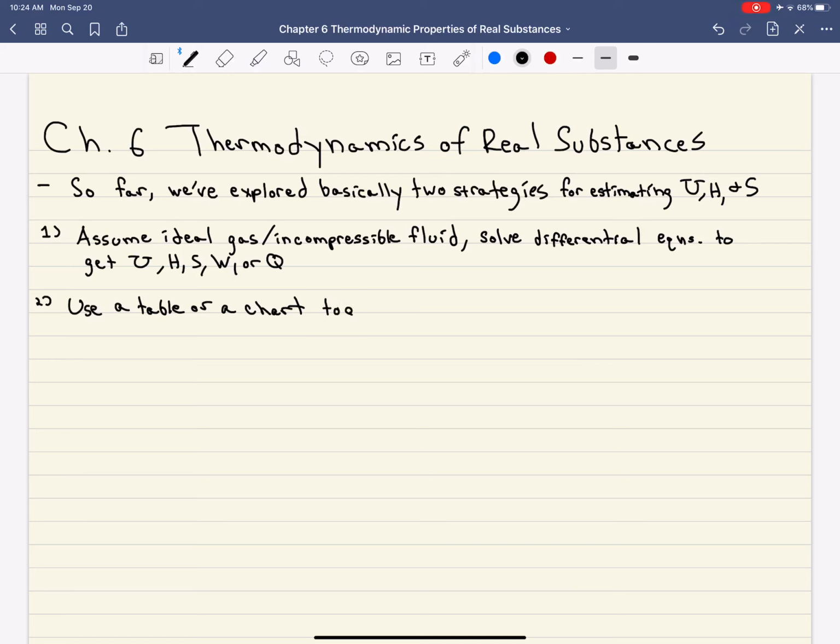And so we use those tables and plots to get measured values of our thermodynamic properties, U, H, S. And then we plug those properties into our energy and entropy balances, and then solve for things like work or heat.